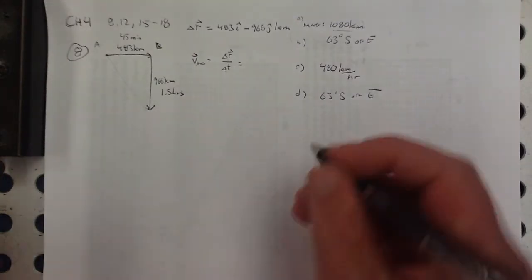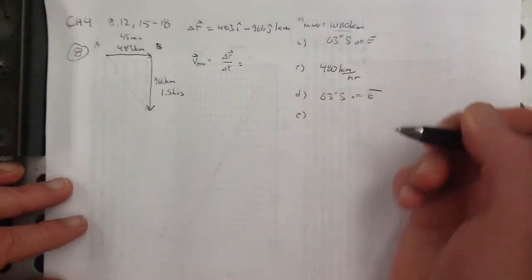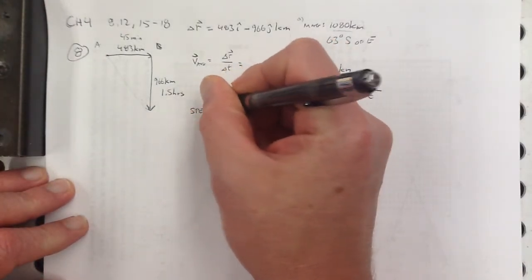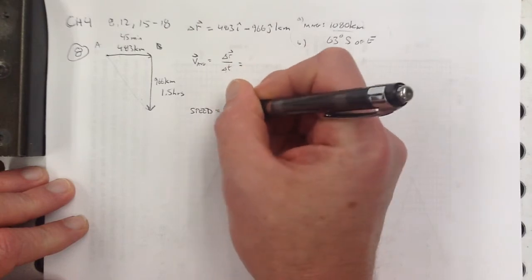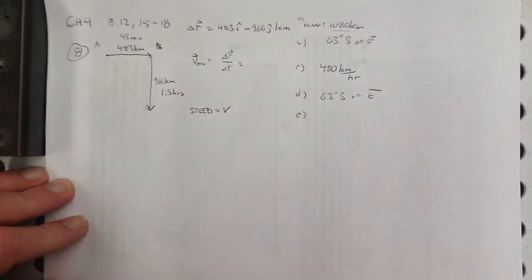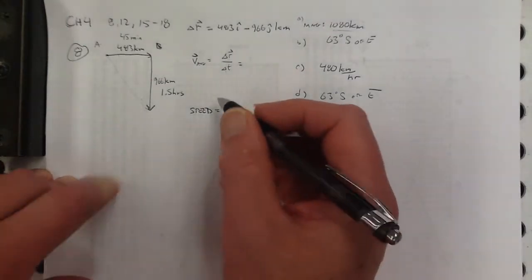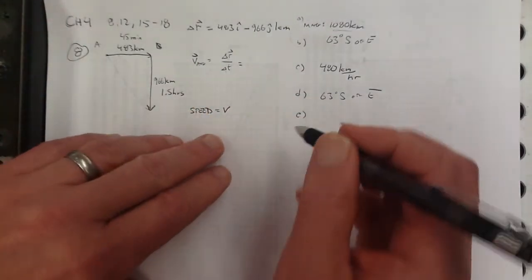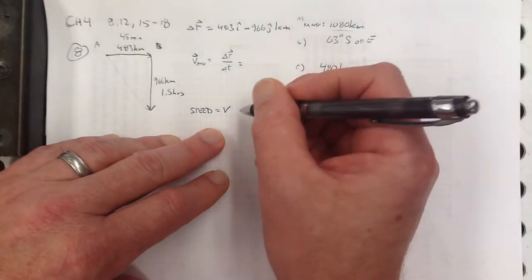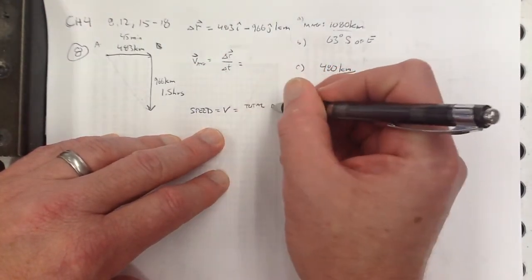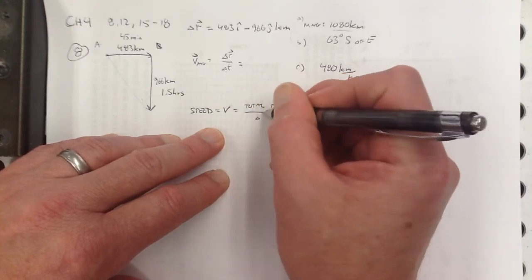And how about the average speed? Well, the average speed, which sometimes is just written as v without the vector hat. I know that's potentially confusing, but if it's not a vector, I guess that must be the speed, the magnitude of that. That is equal to the total distance divided by time.